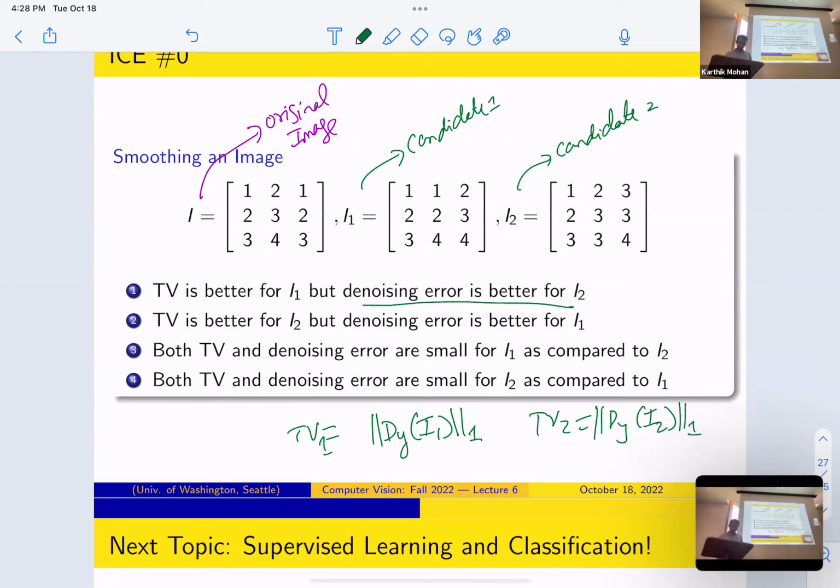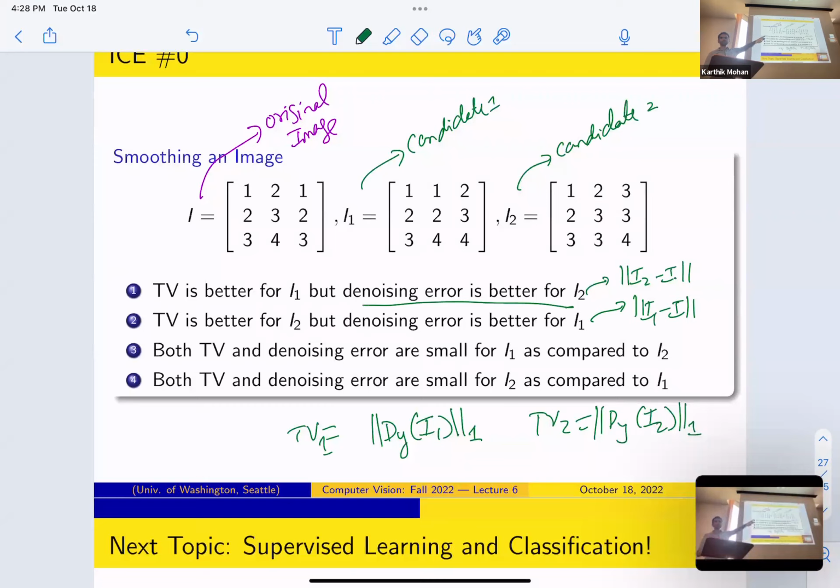Or is the denoising error better? So here it is I2 minus I, here it is I1 minus I. So you're comparing I2 minus I, the denoising, versus I1 minus I, which is smaller. That means it's better. And you're looking at TV.